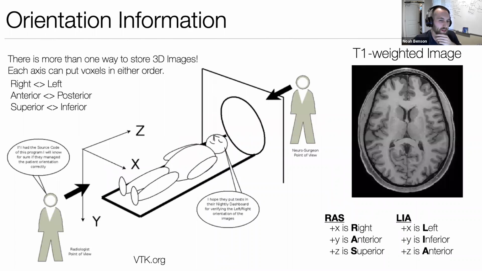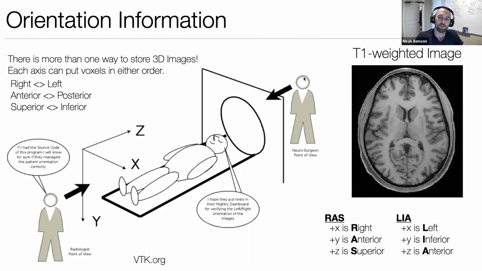Additionally, there's orientation information that is sometimes stored in the voxels, and mostly I just want to draw your attention to the fact that when you're looking at 3D images, it's often not intuitive how the image is oriented. If you look at this image on the right, you might naturally assume that the right side of the image is the right side of the brain, and the left side of the image is the left side of the brain.